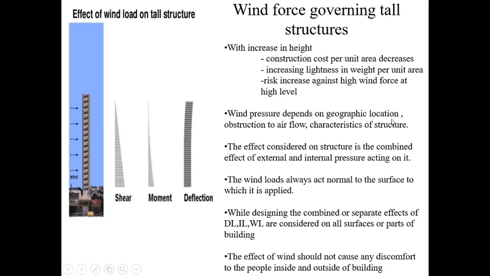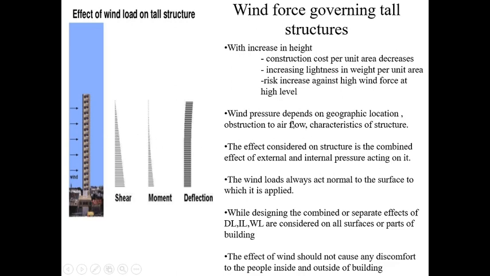So that is the geographic location. Then the obstruction to the airflow. Now suppose this tall structure is a single building in the surrounding wherein there are no tall structures or there is no obstruction such as mountains or trees, then the effect of this wind will be direct. Suppose if there are mountains or tall trees and all, we see that there is an obstruction to this airflow.